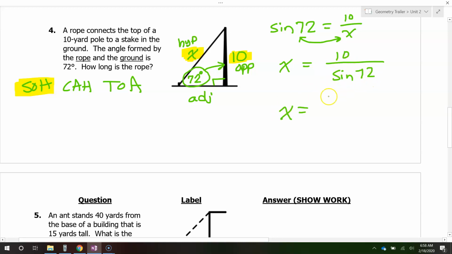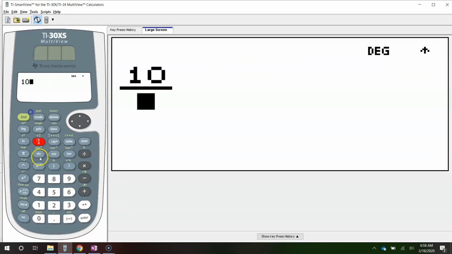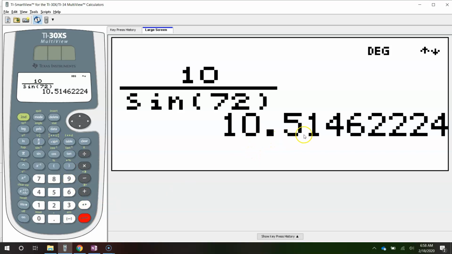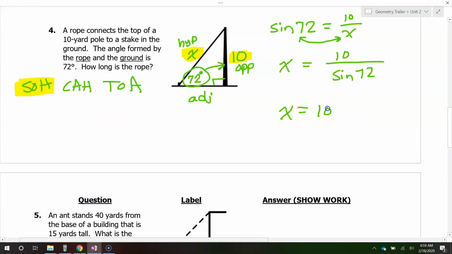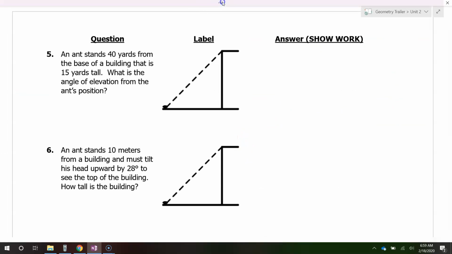So 10 divided by sine 72. 10.515 because we got to round up. 10.515. Okay. Moving on to number 5.